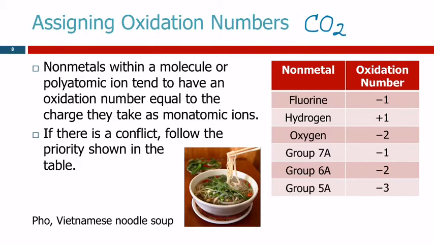So if we react carbon dioxide with something else, how can we tell if the carbon's being oxidized or the oxygen's being oxidized? We assign oxidation numbers. The way I think of it is they want to have the charge that they would have as a monatomic ion. Oxygen, as a monatomic ion, would have a -2 charge, so I think of oxygen as wanting to be -2.